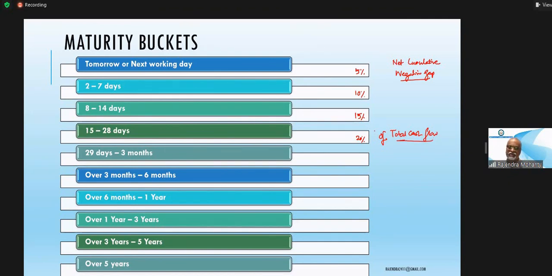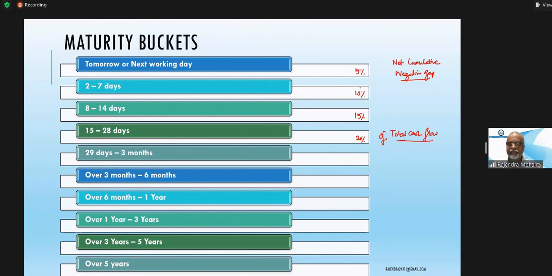So remember this: each day, for each bucket or time band, when you place your assets and liabilities, you will find the net cumulative negative gap. Whenever there is a net cumulative negative gap, that gap should not exceed the respective percentage of the total cash flow of that band.